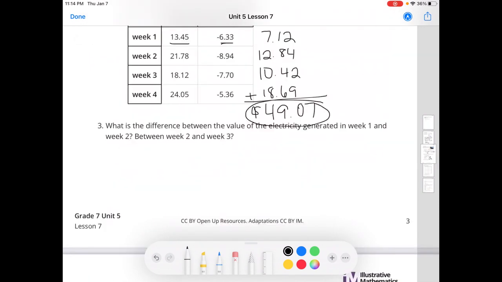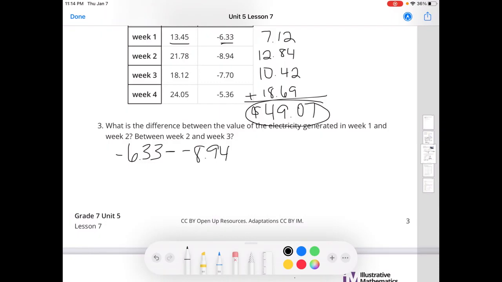On number 3, it says, what is the difference between the value of the electricity generated in week 1 and week 2? So it wants to know what the difference is. So in week 1, we generated negative $6.33. Week 2 was negative $8.94.